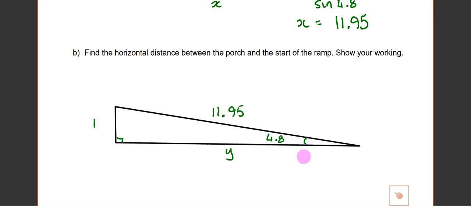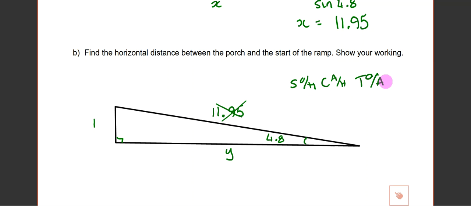My exam tip was to avoid using the answer that I came up with. Because let's just say I made a mistake or I rounded incorrectly, that will impact my part B. So I'm going to look at my diagram and see if I can manage without my answer. And I can. So I can do SOHCAHTOA again.